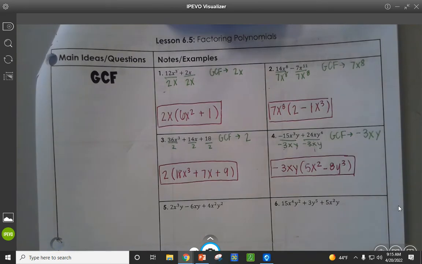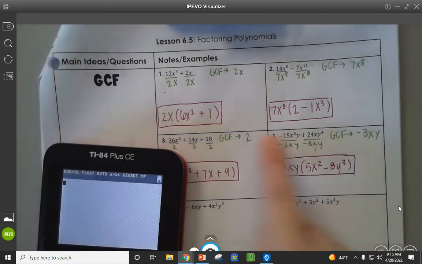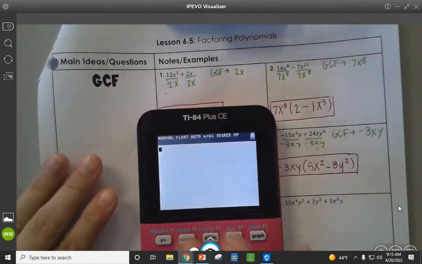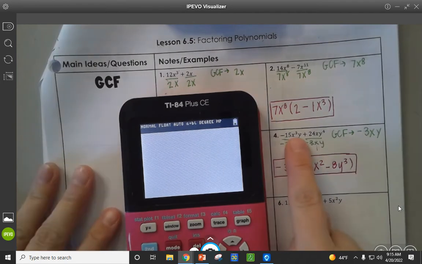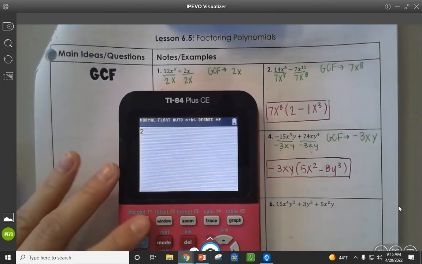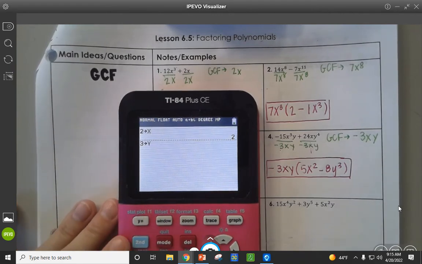And it is easy to check your answers. So my question and what I have factored, those are the exact same thing. They're just written differently. This is what we call completely factored. If you want to check your answer, store a number for x and y. So 2 store x, 3 store y.